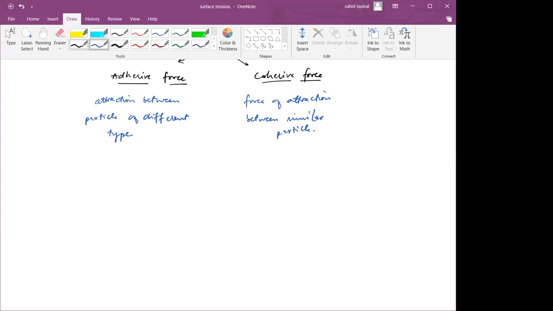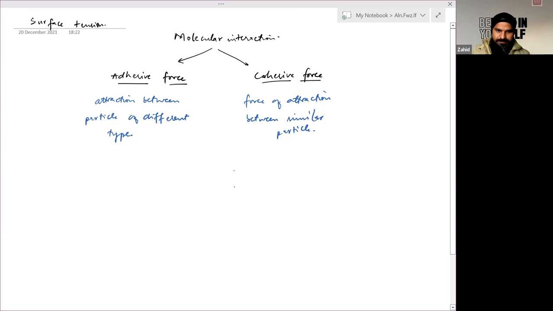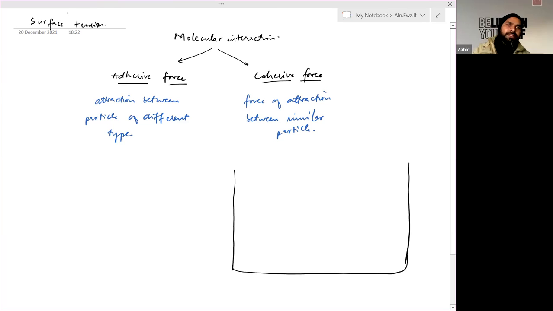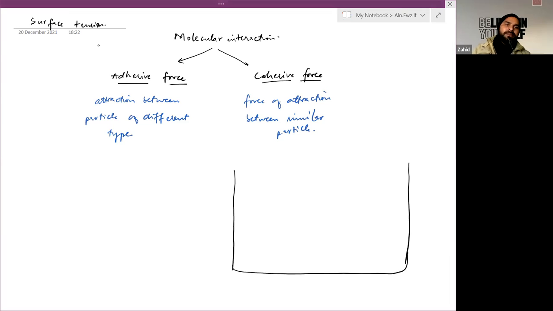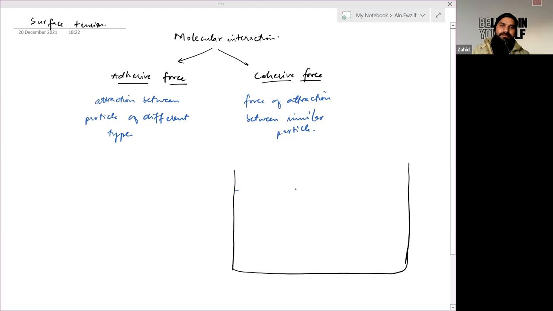Yes, sir. Now, suppose you have a container in which liquid is filled up to this point. Ifra, just tell me, what do you mean by surface tension?